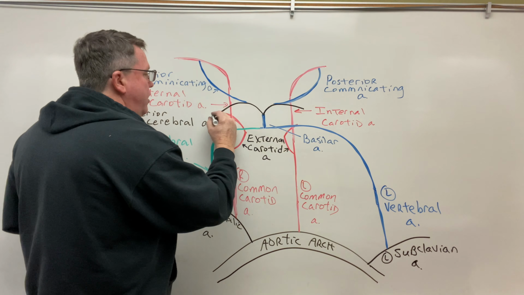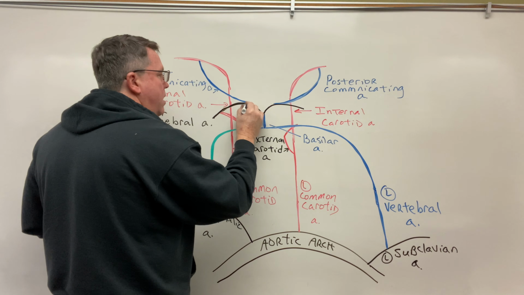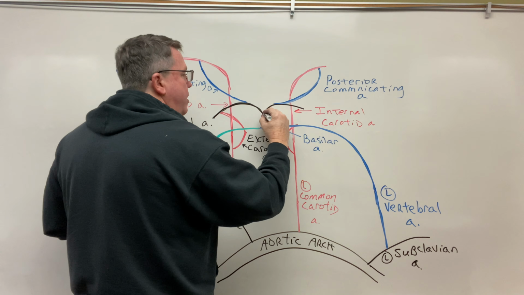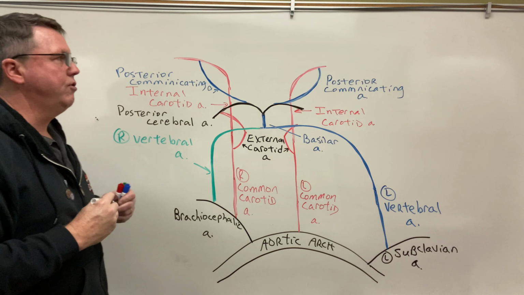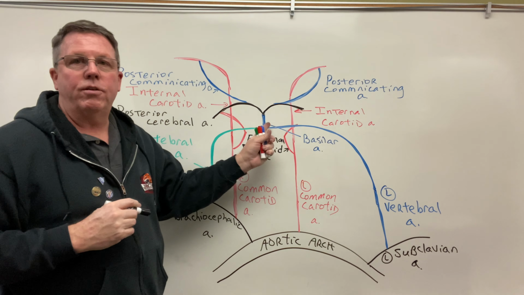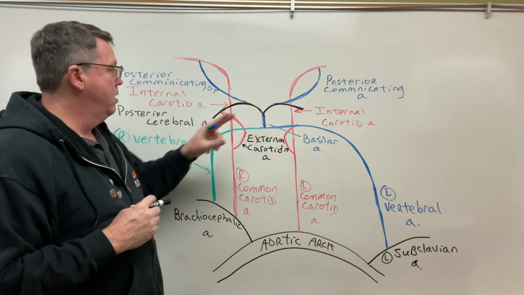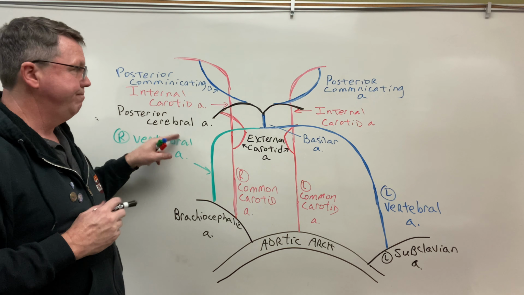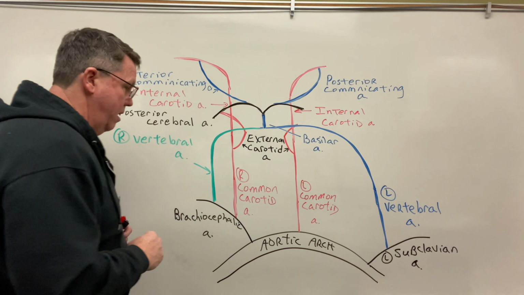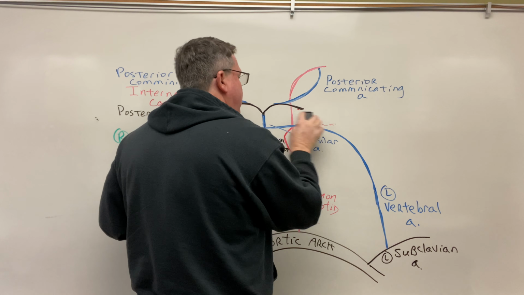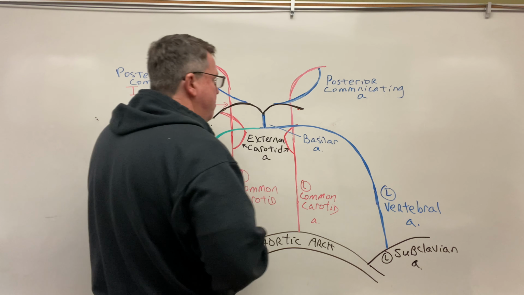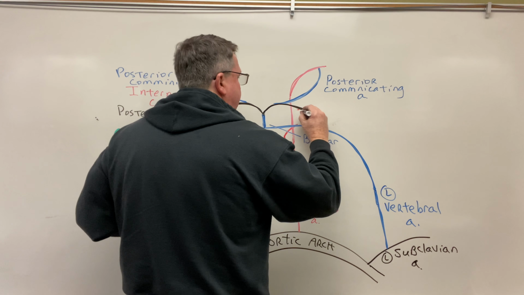So this is the posterior cerebral artery right here, and this would also be the posterior cerebral artery right here. Okay? So you can see my posterior communicating arteries are going to connect to my posterior cerebral arteries. And I'm going to erase this right here, so I can put down that these are the posterior cerebral right here also.